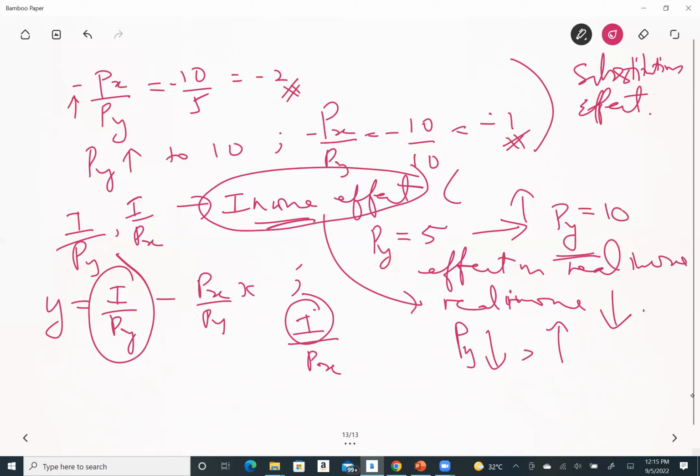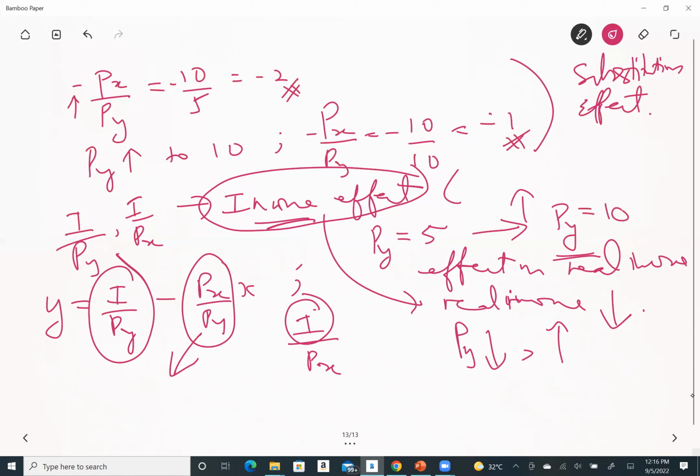Now, substitution effect means that from the relative price, you will substitute. Now, how do we substitute? Let's say the price of rice was 5.